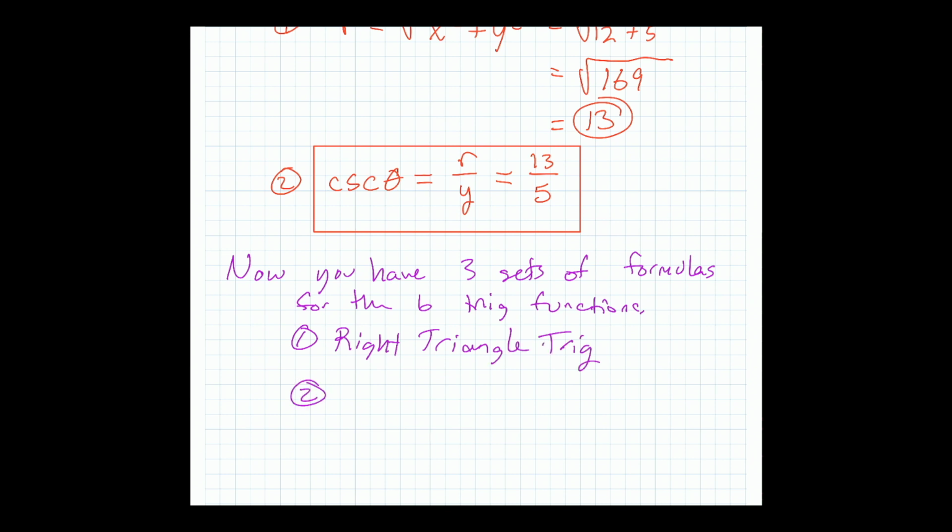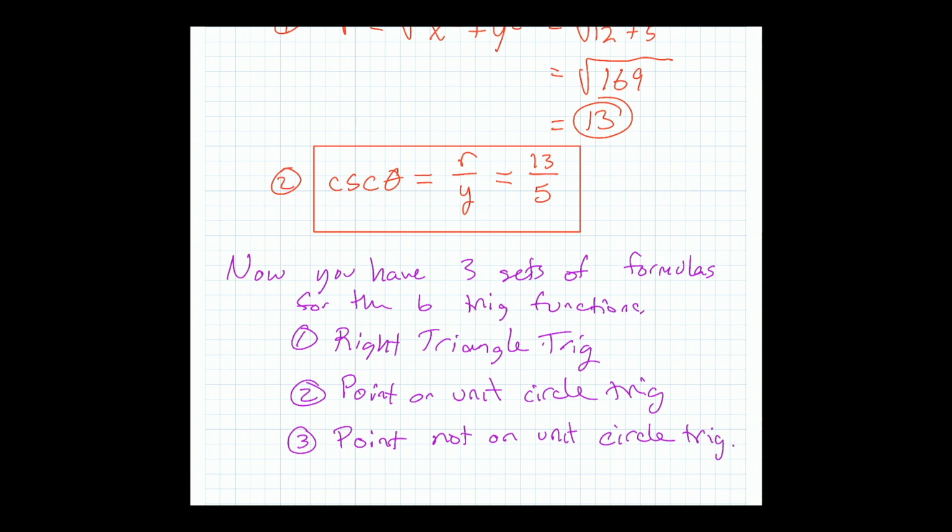You've got 1 set for when you have a point on the unit circle. And now you have point not on unit circle. And so you just have to use the right set. So if you've got a point on the unit circle, you use the middle one. If you've got a triangle, you use the first set. If you've got a point not on the unit circle, then you use the one that we just came up with. There you go.